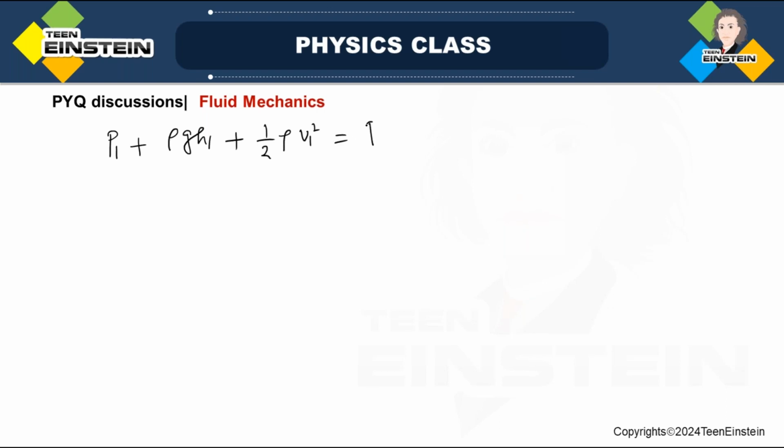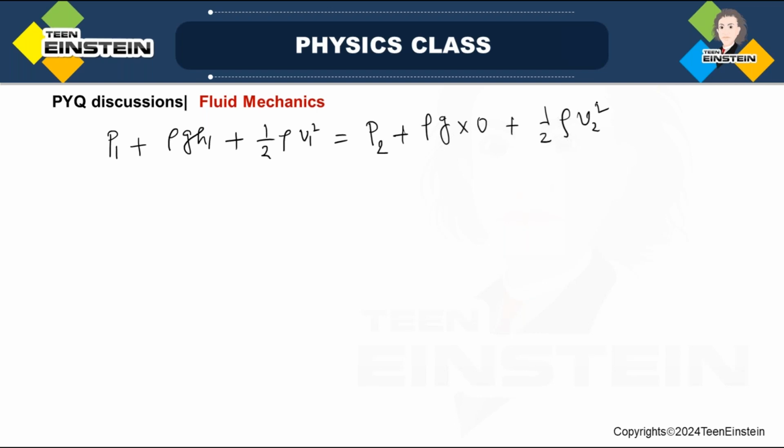Similarly, at the lower end or the narrow end, P2 plus rho g h, and here the height is 0, isn't it? So this is 0, plus the kinetic energy head, we know the velocity is v2, right? Half rho v2 square.